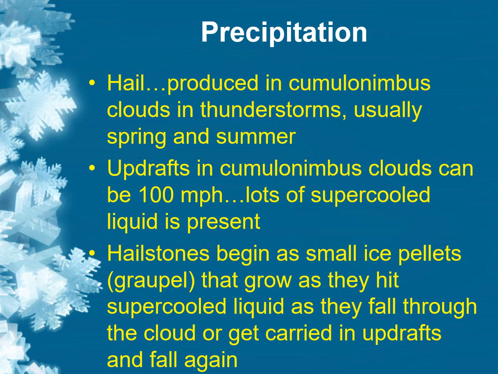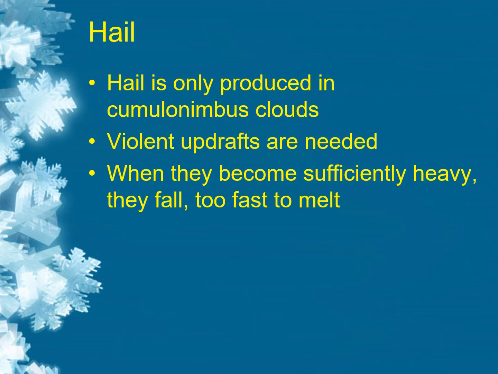And they're going to keep going through that supercooled fluid, and every time they do, they add another layer of ice, and then eventually they get heavy enough to fall to the ground. Okay, so again, the hail is not going to leave the cloud unless it becomes big enough and heavy enough that it can fall without melting.